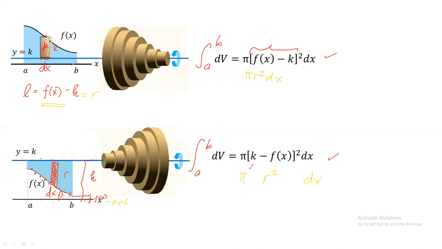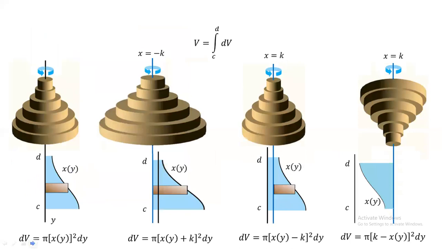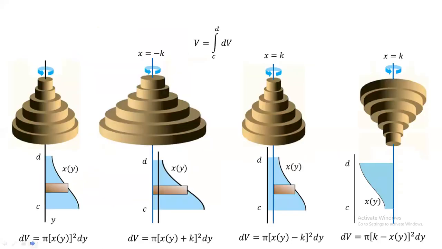Okay, so we haven't yet discussed a particular specific example. So let me clear my markings. Now, here we have a horizontal axis of rotation. What about this one? Vertical.